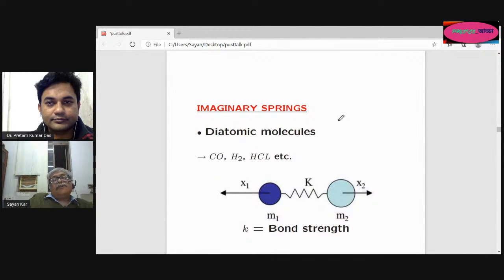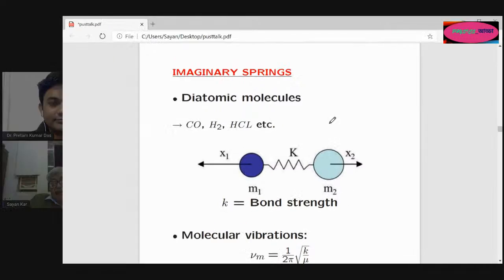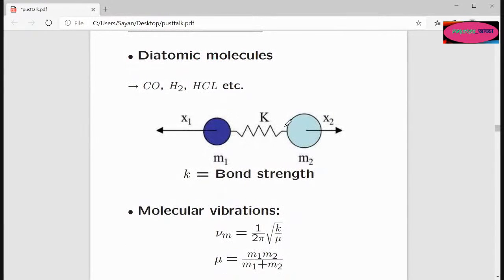What we were talking about were real springs. So now you would think of imaginary springs, which are not really there as such. But what is there is the spring constant, an effective bond strength in diatomic molecules like carbon monoxide, hydrogen, HCl, and so on. So what do you have over here?